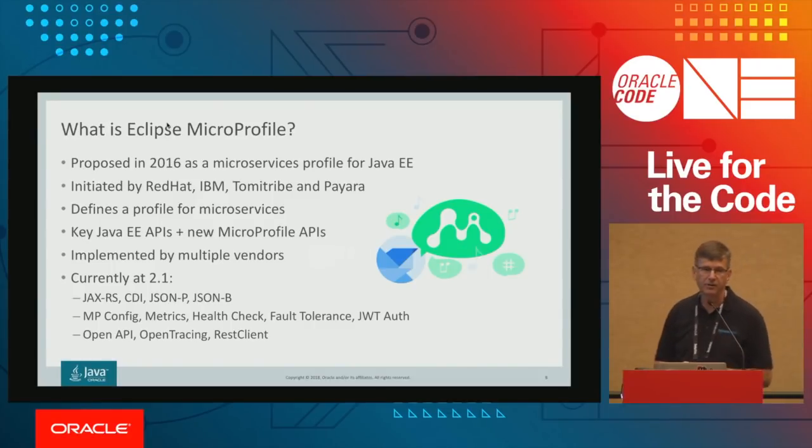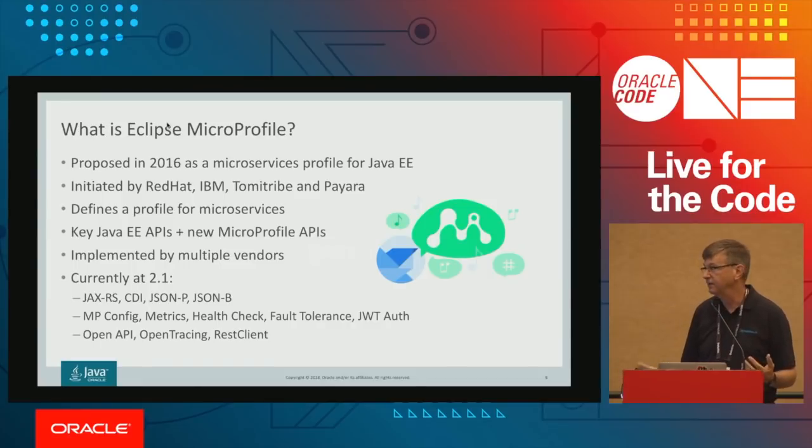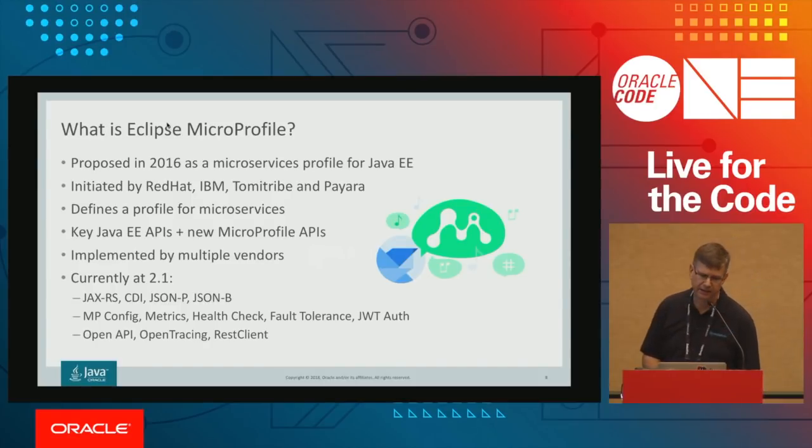But you also have a number of new specifications out of MicroProfile. And so you see them listed there. They range from configuration to metrics and security, health check, fault tolerance, open API, open tracing, and a REST client. So the current release of MicroProfile is 2.1. So that was just announced within the last few weeks.